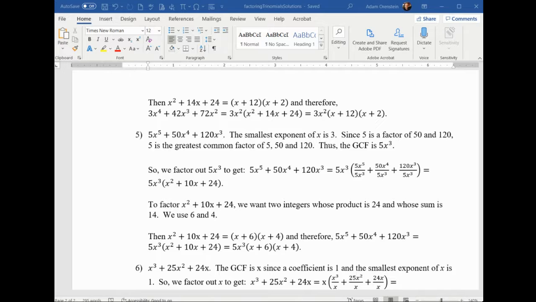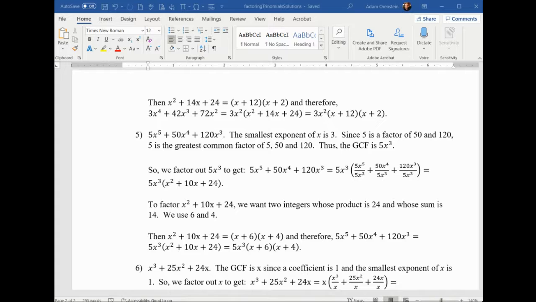And if you look at 5, 5 is one of those numbers whose only factors are 1 and itself. Such numbers are said to be prime, but they have to be greater than 1 also. So 5 is prime. But notice 5 is a factor of 50 and 120.